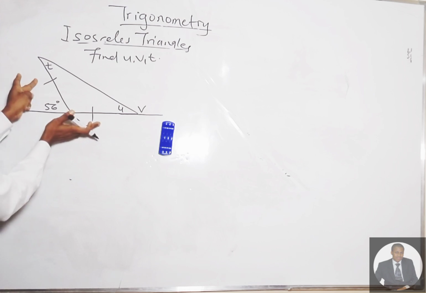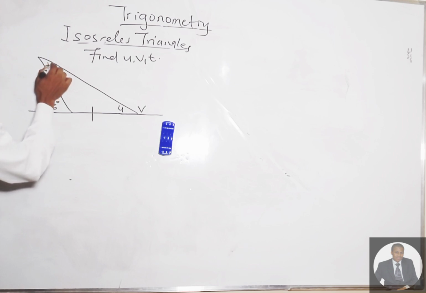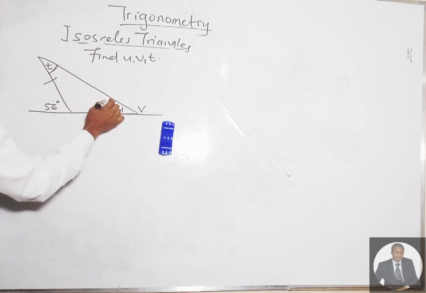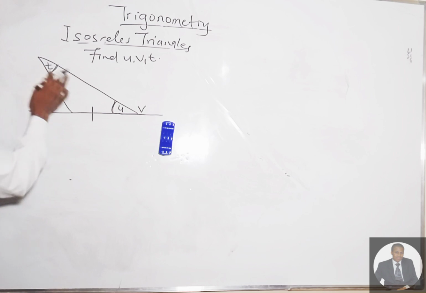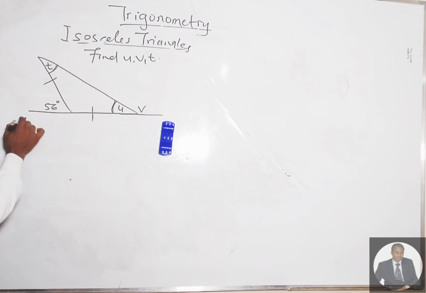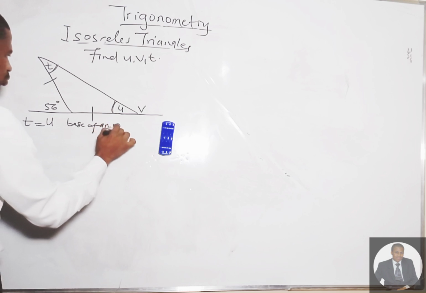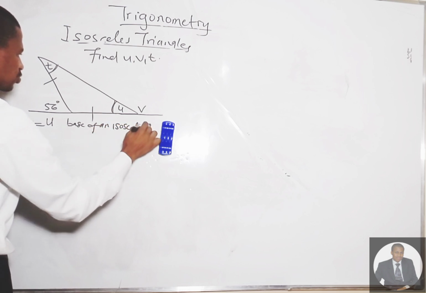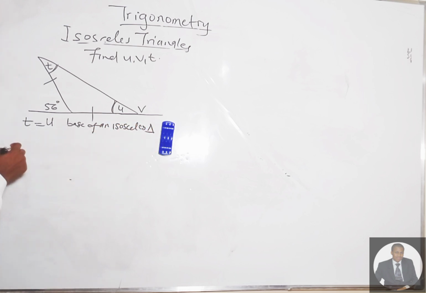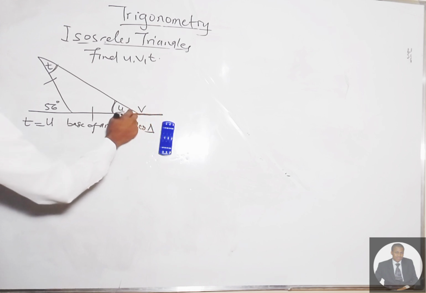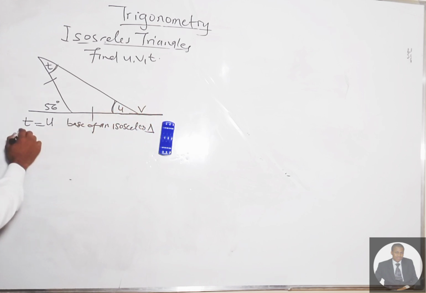This is an isosceles triangle, and these are the base angles. Angle T and angle U are the base angles of the isosceles triangle, and the base angles of an isosceles triangle are equal, so it means T equals U. Now, it also tells us that this is an exterior angle.